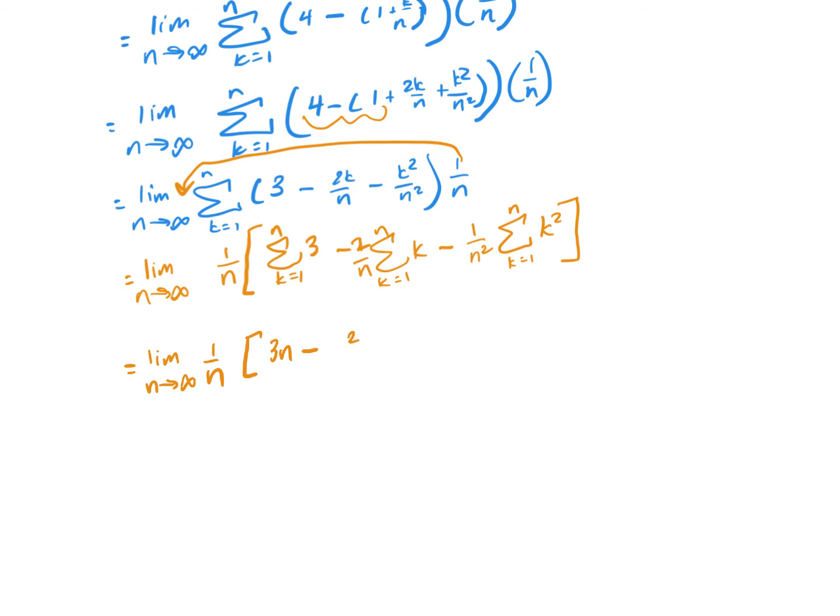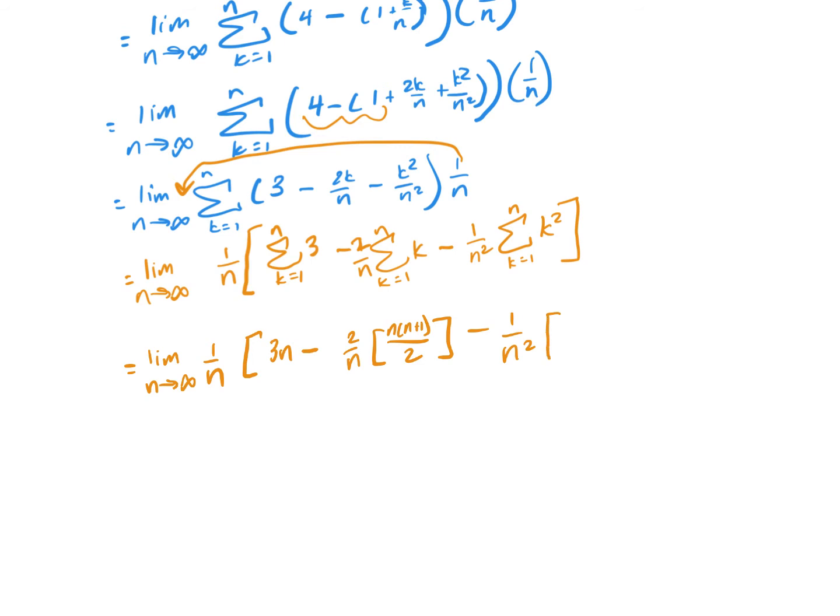We'll have 2 over n. What does that sum of k equal? No, because k is not a constant. It would be n times n plus 1 over 2. Minus 1 over n squared.